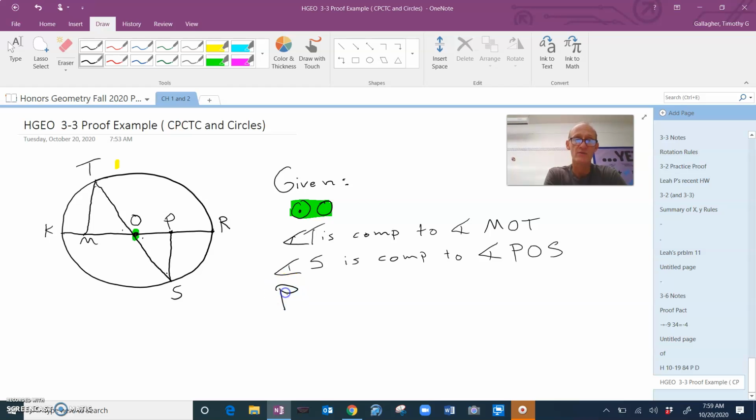In this problem, we have to prove that segment MO is congruent to segment PO. Identify those two segments. That's right here and right here. So we've identified all those parts of the diagram.